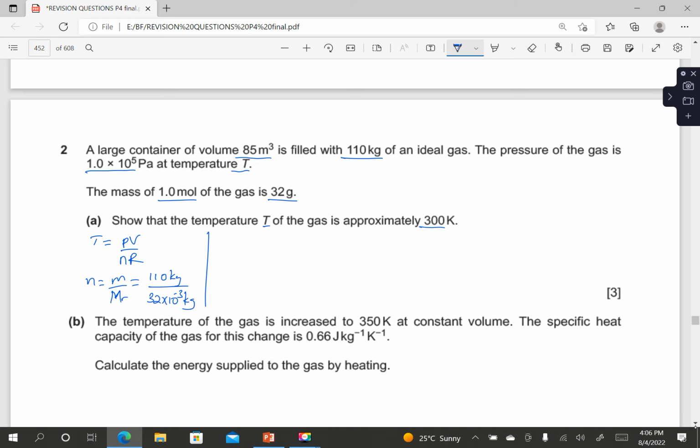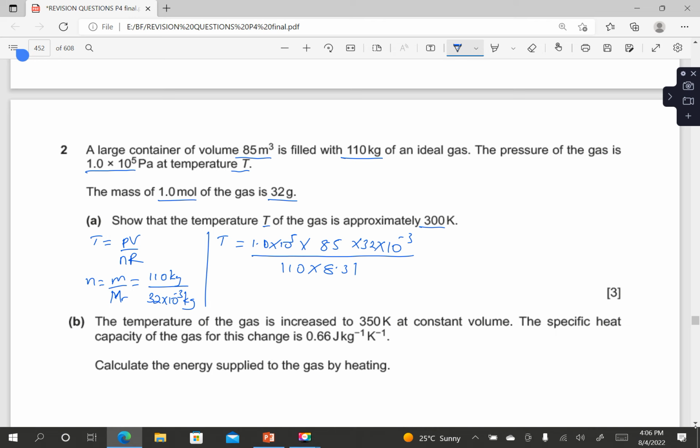I'm now substituting to find T. T is going to be pressure, which is 1.0 times 10 power 5, the volume is 85 meters cubed. When I substitute n here, the denominator goes up, so I'll say times 32 times 10 power negative 3, divided by, in the denominator, 110 times R, which is 8.31.